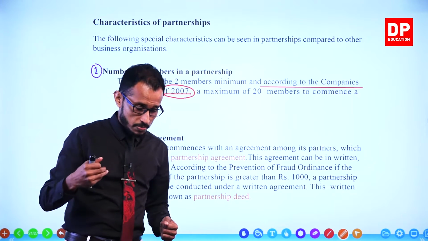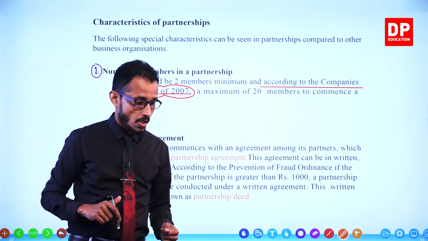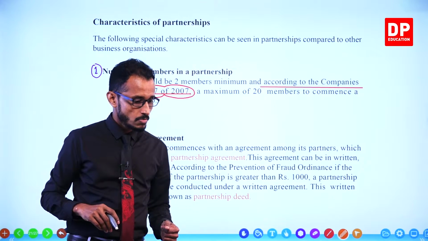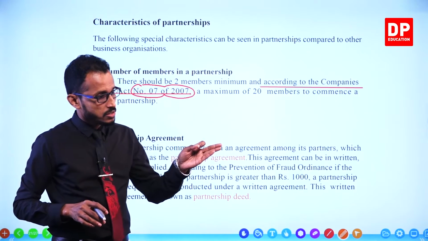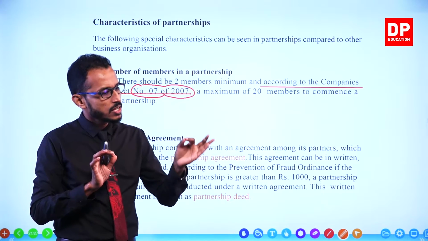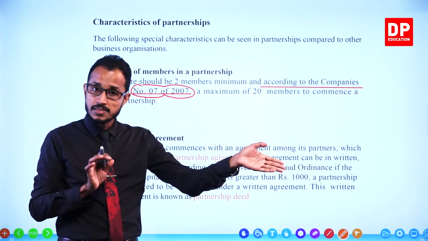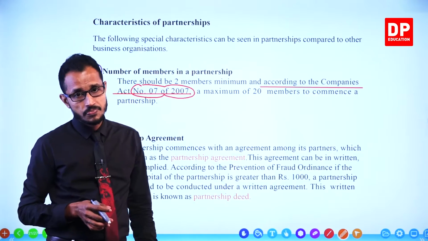in one of the past papers, I can remember there was a multiple choice question, first paper. The question asked something like this: which law or act shows the number of partners in a partnership business?